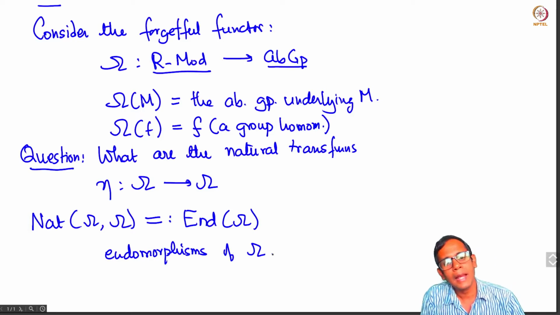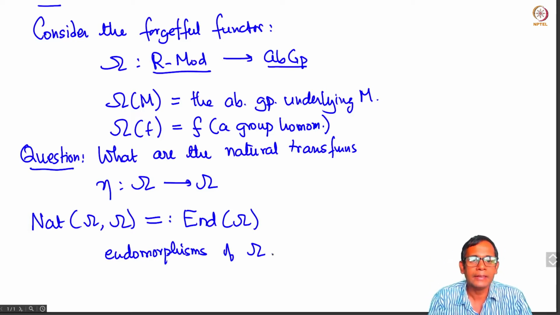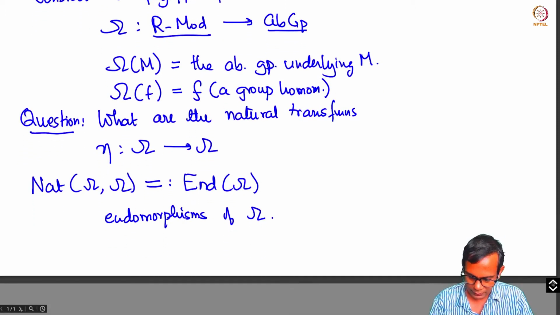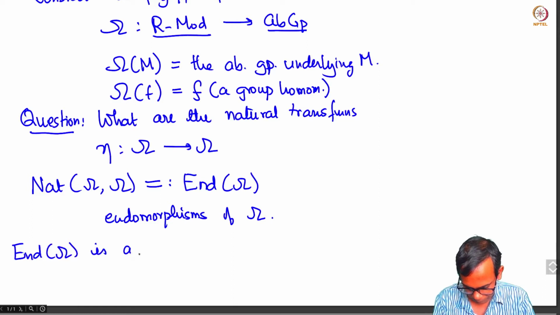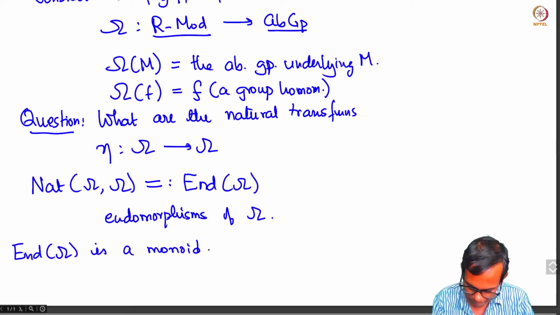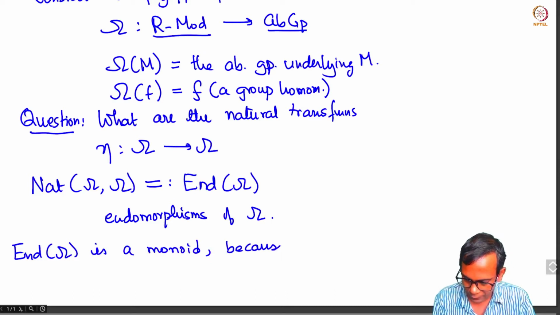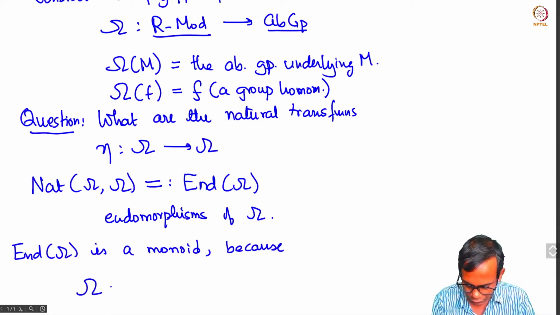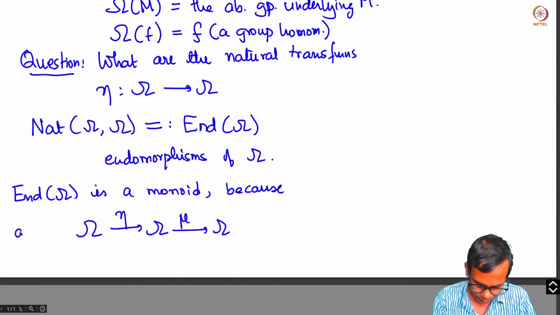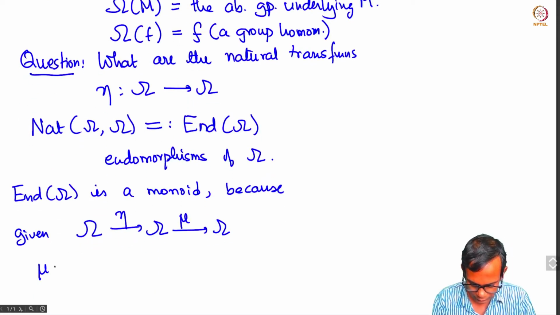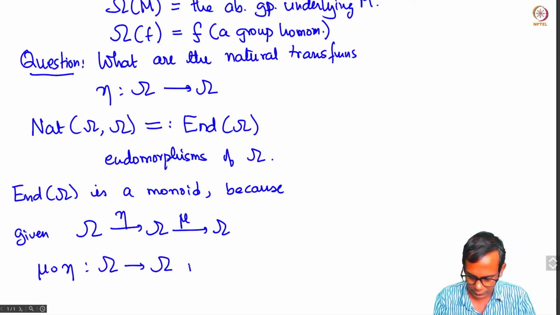Now note that End(omega) is actually a monoid because, firstly, we have the identity natural transformation from omega to omega, and secondly, if you have two natural transformations, eta from omega to omega and mu from omega to omega, then mu circle eta is also a natural transformation from omega to omega.